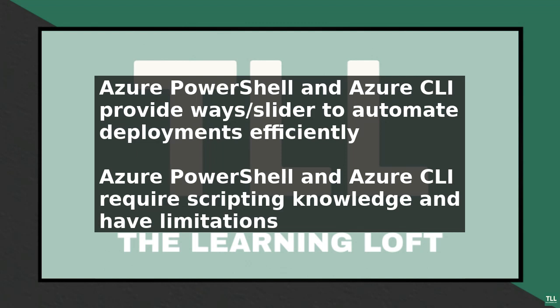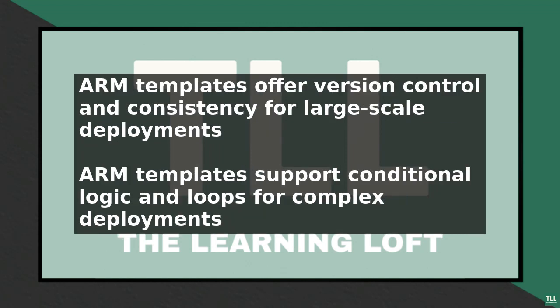In terms of best practices, it is recommended to use ARM templates for large-scale deployments and automate deployments using Azure PowerShell or Azure CLI. It is also essential to version control ARM templates and test deployments thoroughly before deploying to production.